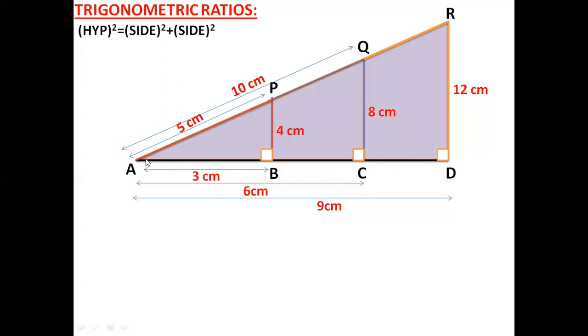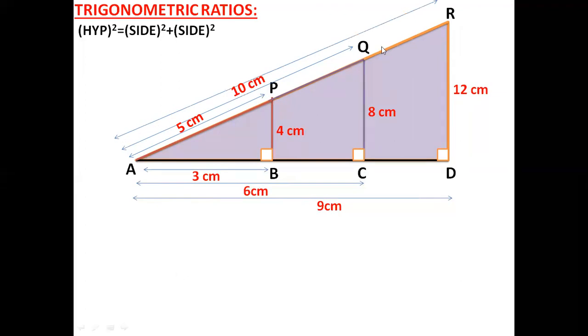Here 3 right angle triangles are there. So in this right angle triangle ADR, we know the length of DR, that is 12 centimeters, and also AD or DA, that is 9 centimeters. Now you have to find the length of AR.